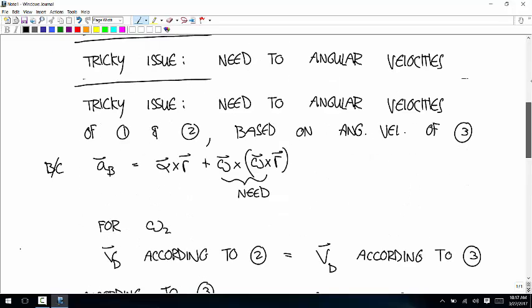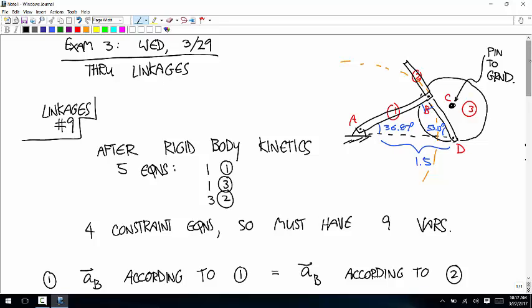Now, according to 2, how with accelerations do we do this? With accelerations for this constraint equation, we assume D is in circular motion around the center. We calculate that relative velocity of D, then we add it to the velocity of this. But this time we don't know the acceleration of the center, so we're going to have to do 2 relative motions.